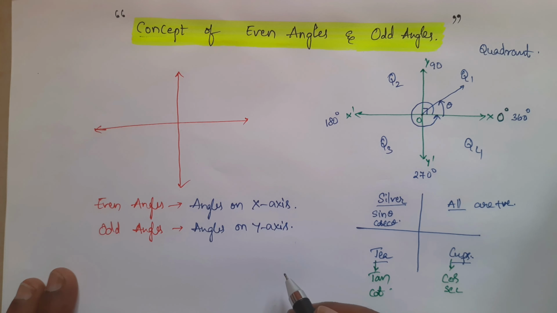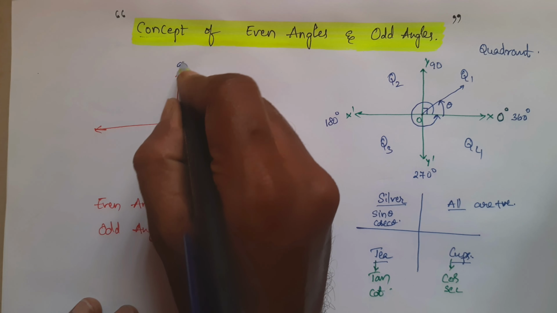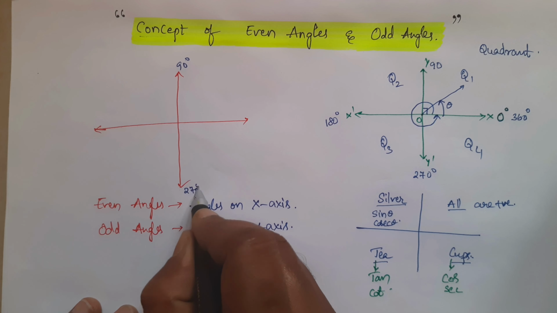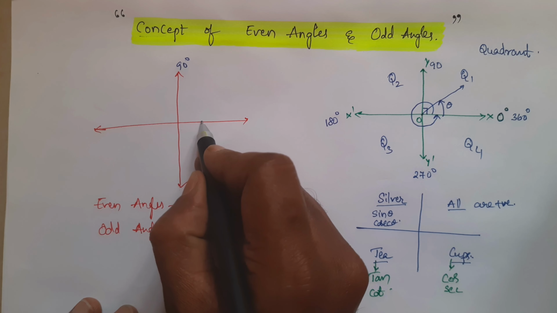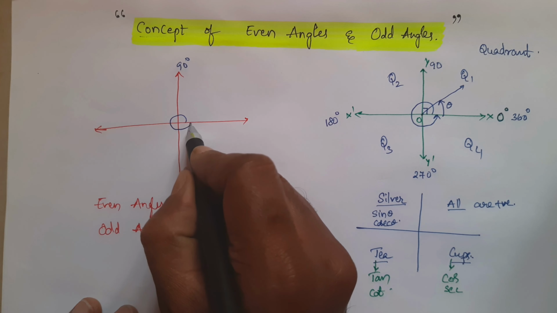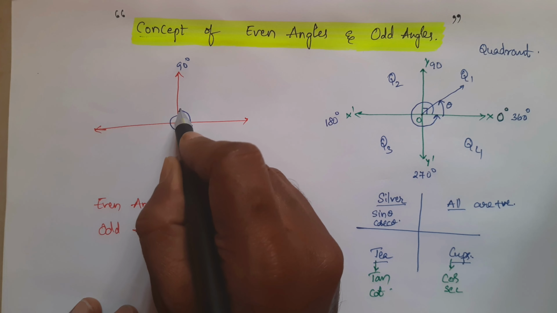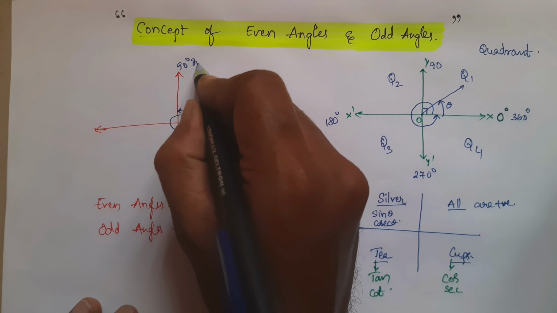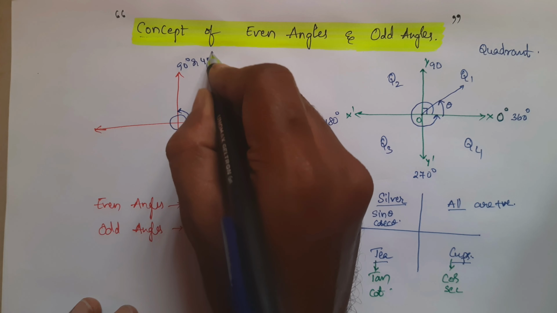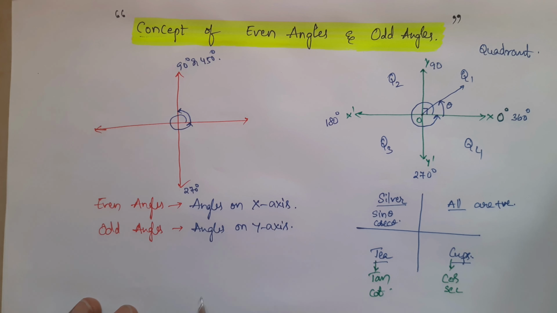Angles on the y-axis are like 90 degrees, 270 degrees. Again, after one complete revolution, 360 happens. 360 plus 90 gives 450, which is nothing but 90 degrees again, so we also consider those as odd angles.